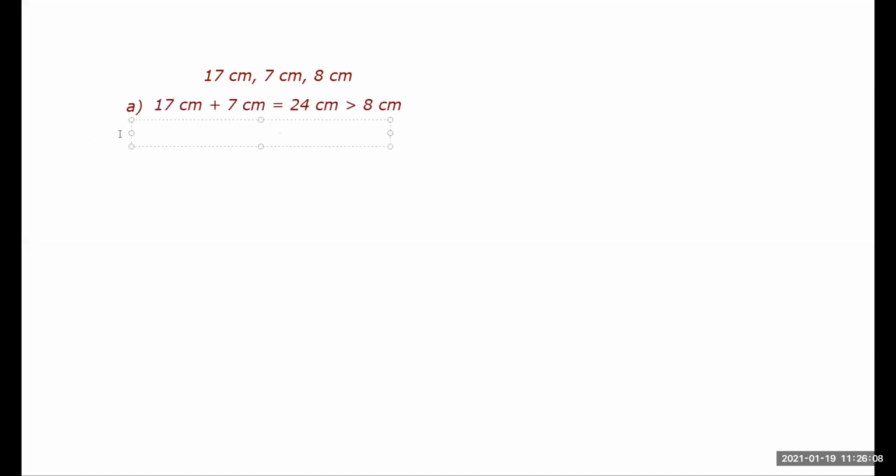Now in case B, we will take 17 and 8 centimeter. अभी हम 17 सेंटीमीटर plus 8 सेंटीमीटर करके देखेंगे, which is equal to 25 centimeter. Okay, which is greater than again how much? 7 centimeter. Okay, which is greater than 7 centimeter.